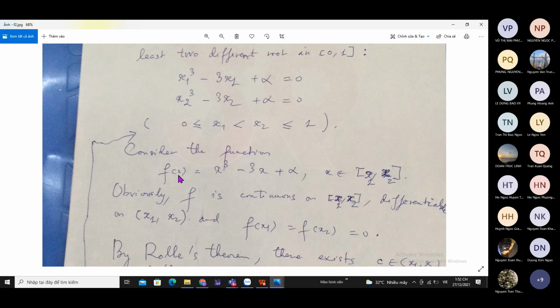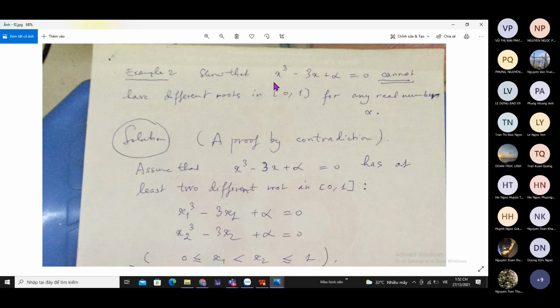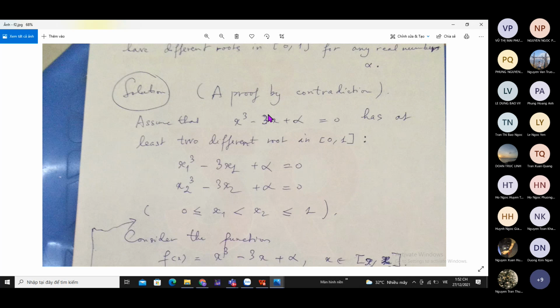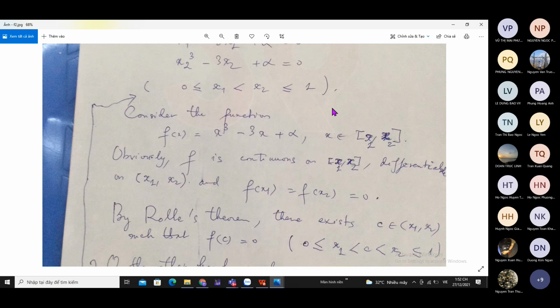Here, the function f is given by the left-hand side of the given equation. It also means all conditions of the Rolle theorem are satisfied.